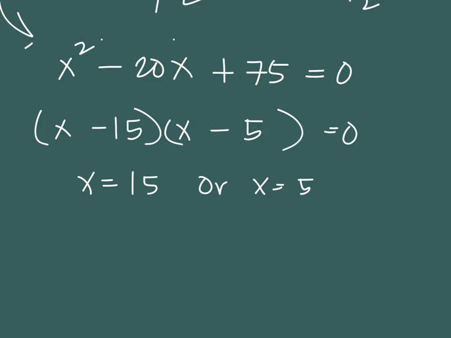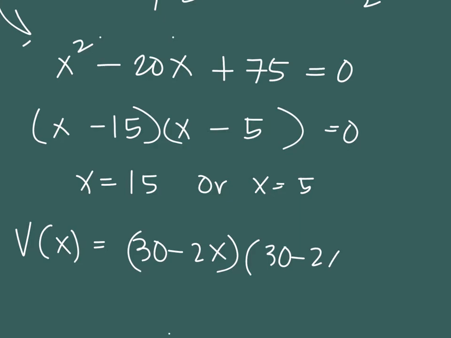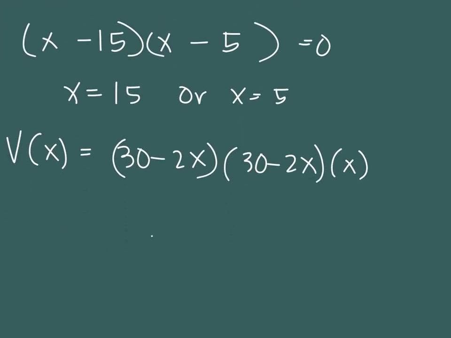Okay. Now before we proceed, like which of the values should we consider, it is also important to note that the expression came from 30 minus 2x times x before we expanded the expression. Remember?